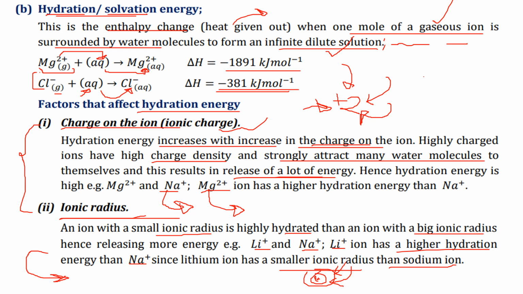When you're talking about ions, talk about ionic radius. When you're talking about atoms, talk about atomic radius. This mistake is also common among students who answer diagonal relationship questions.